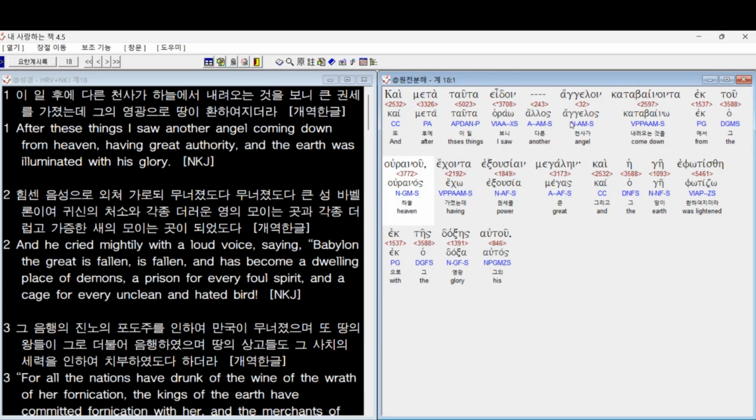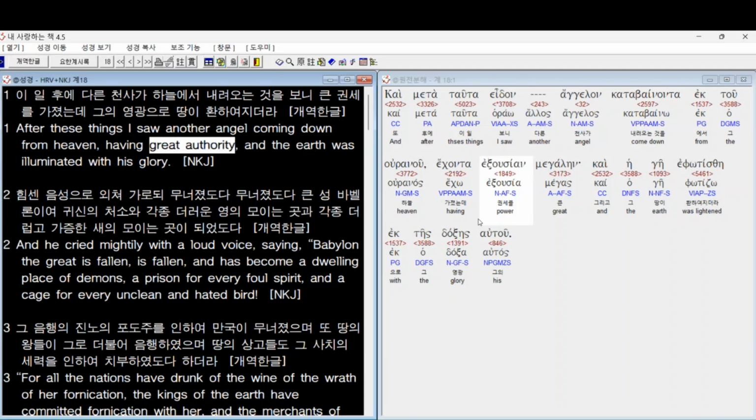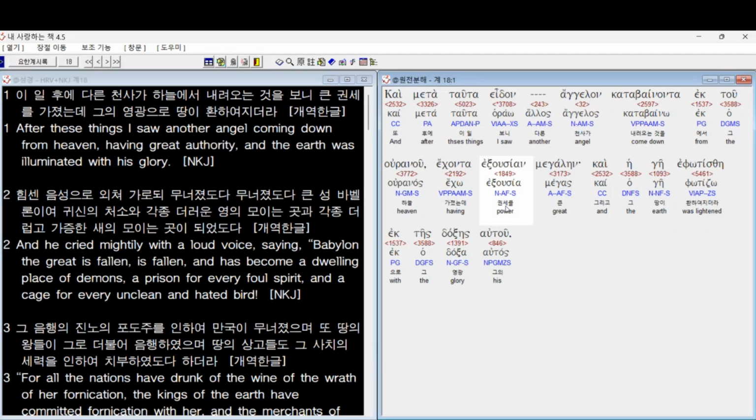The messenger coming down, having authority, exercising authority. So the New King James does a better job than the King James Bible here. Present participle: continuously, habitually, repeatedly having great authority. Great authority. And the earth was lightened.